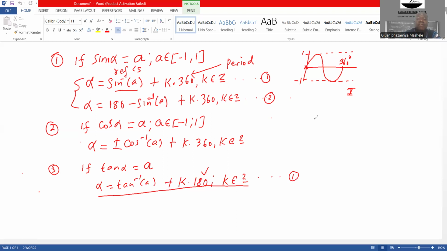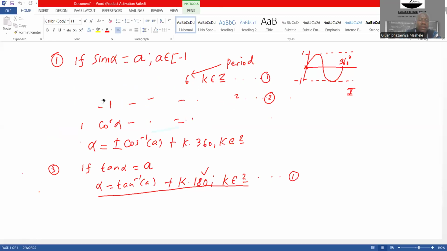All right, let's be hands-on. Let's go through the examples in order to see how to use these rules whenever you're determining the general solutions. Let me try to erase here so that we continue.